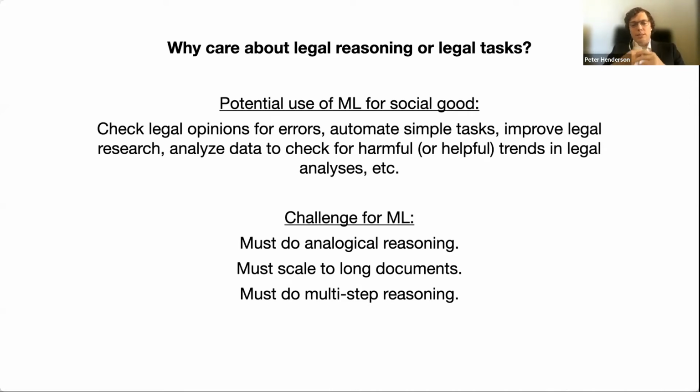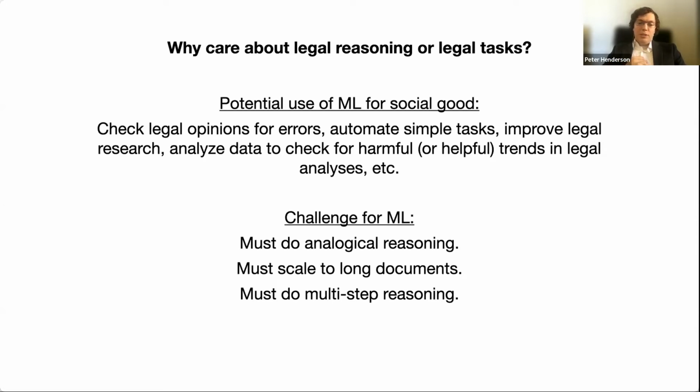Ideally in the future, you can imagine that these models might be used to, for example, check legal opinions for errors. This is already being done in federal agencies a little bit. For example, the Social Security Administration has a model that checks opinions for very basic errors. It just classifies, for example, if the opinion does not address a claim that the claimant made.